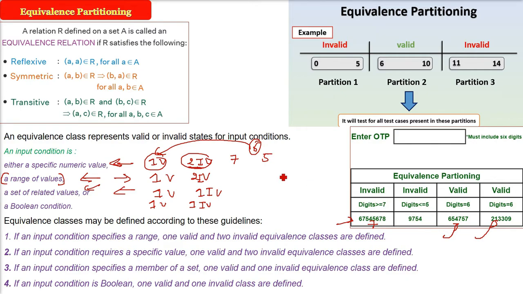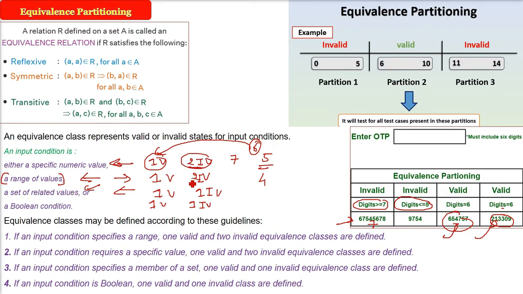So you can make either one valid and two invalid, or one valid and one invalid class. We will take one value which is invalid, one value which is valid. 6 digit is valid. Anything other than 6 digit, that is 7 digit, 4 digit, 3 digit, 8 digit, is the invalid class, and the other is the valid class.